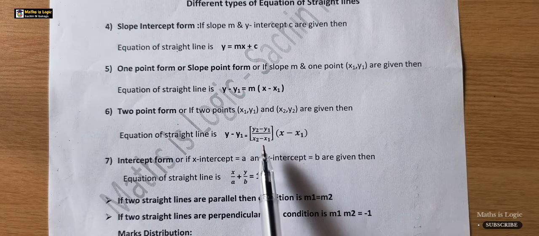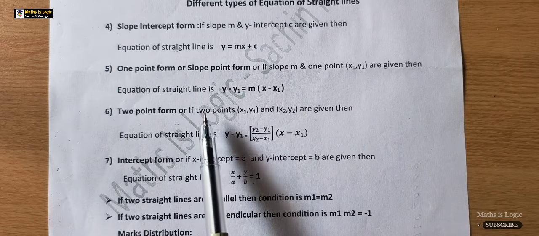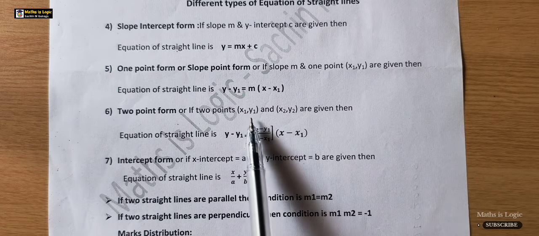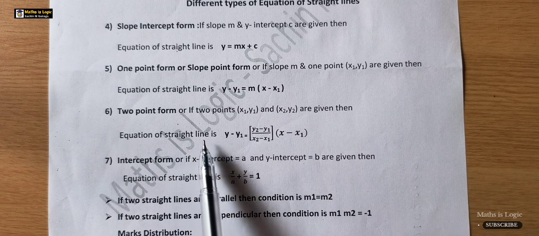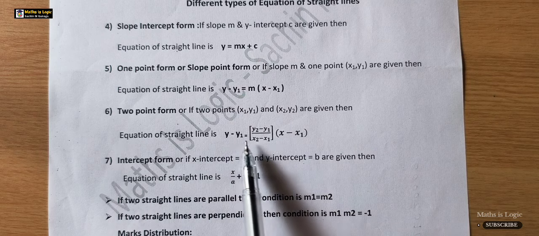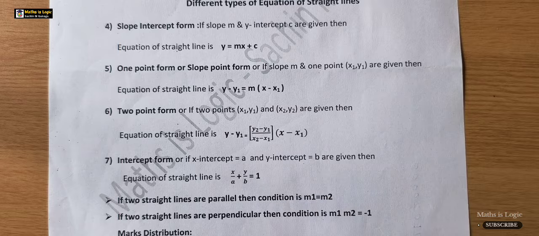When you need to apply this formula, in the question they will give the slope m value and one point, x1 and y1. Third, the two-point formula: y minus y1 equals (y2 minus y1) divided by (x2 minus x1) into (x minus x1). When they give two points, that is x1, y1 and x2, y2, and ask you to find the equation of the straight line, apply this two-point formula.